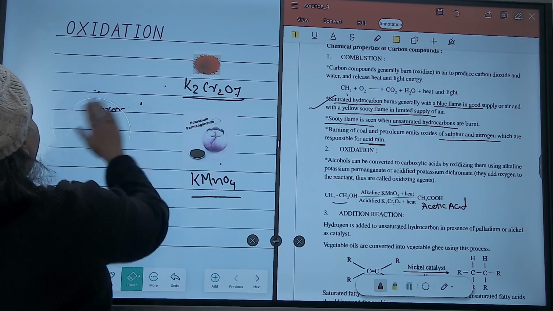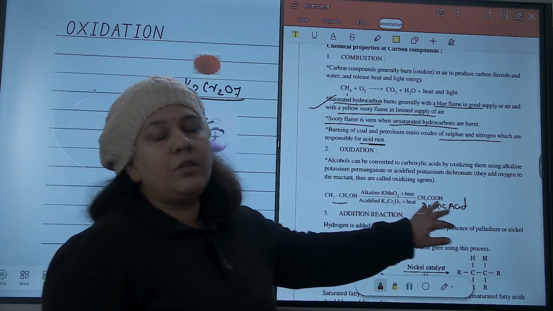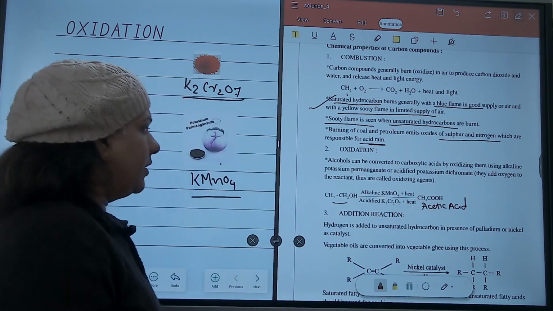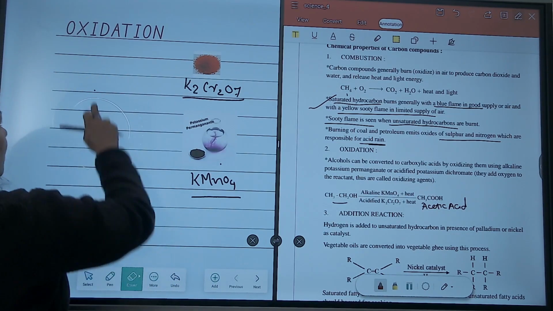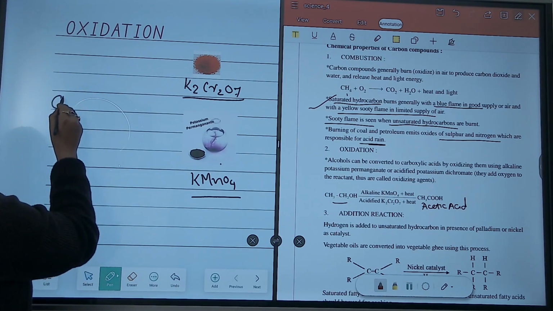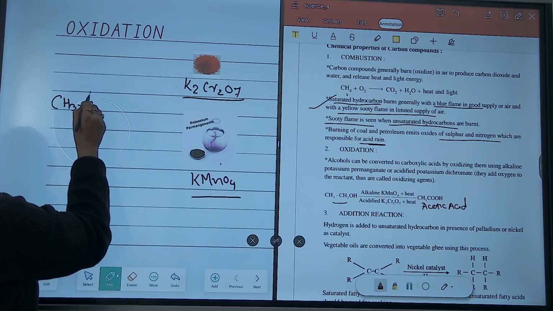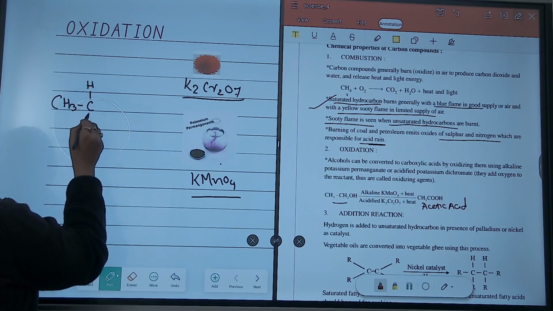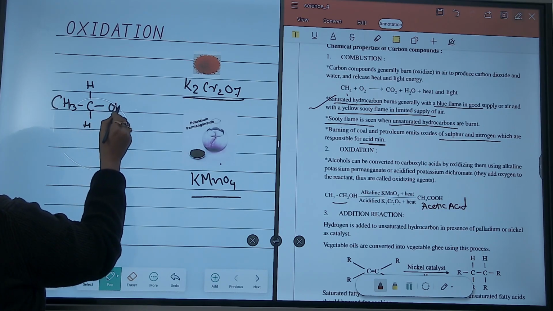Now see why we are saying that conversion of alcohol to acid is an oxidizing reaction. So we must now understand why this reaction is being called oxidizing. See, if we write the formula CH3 CH2, for simplicity I am writing CH2 in this manner, then OH.